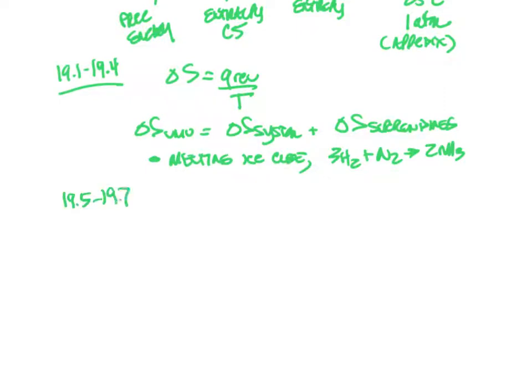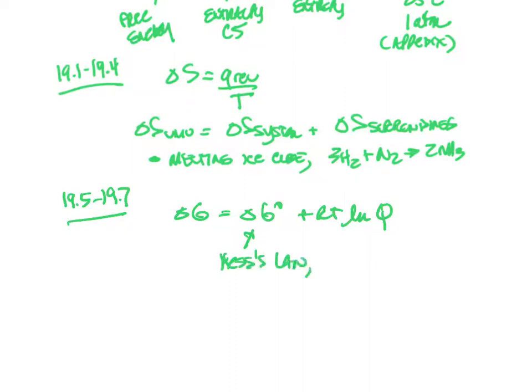When we get to section 19.5 to 19.7, the key equation there is this. Delta G is delta G0 plus RT ln of Q. Normally, delta G0 can come from Hess's law, or we can do the delta G0 is delta H0 minus T delta S0.